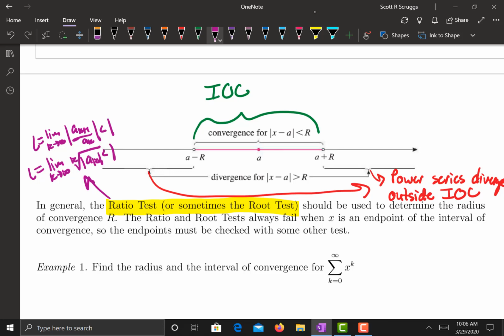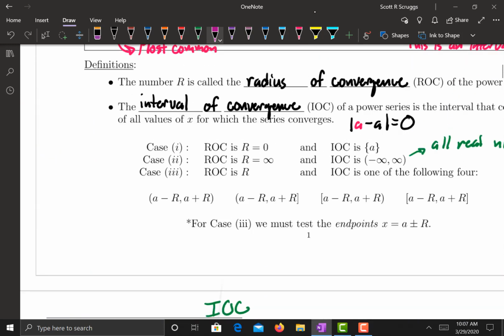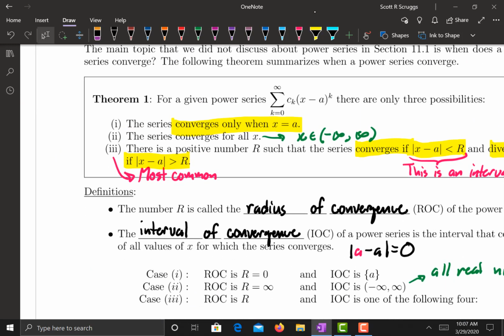And the reason why I want to re-emphasize is the way that we're going to find the radius and intervals of convergence, typically, is we're going to use our known test, and we note when I'm convergent or divergent, and we're essentially going to solve and get it to be in case 3 where x minus the value that I centered at is less than something.